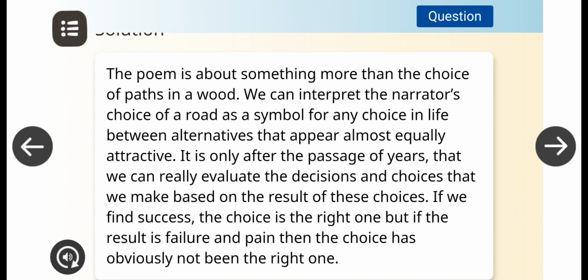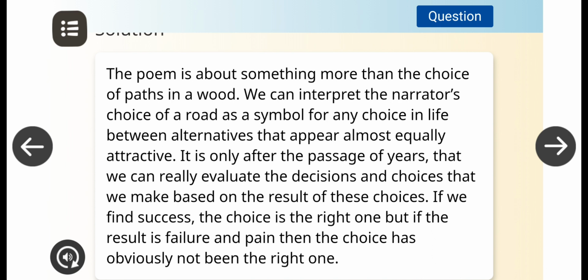But if your choice was a hasty one, which was not planned properly, obviously you will suffer with misery and you will be sad and grieved about your choice. Then certainly you can understand that if you are not happy, then your choice was not the right one.